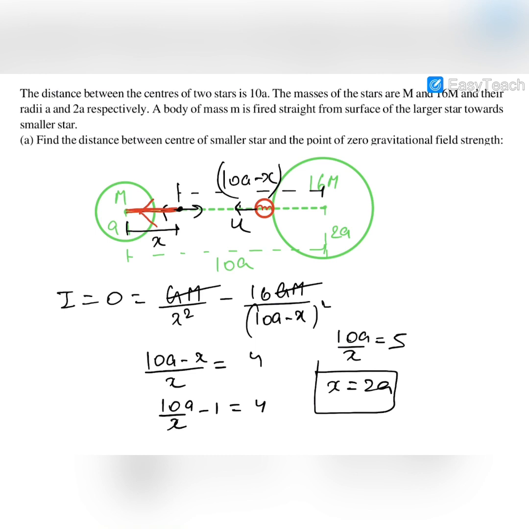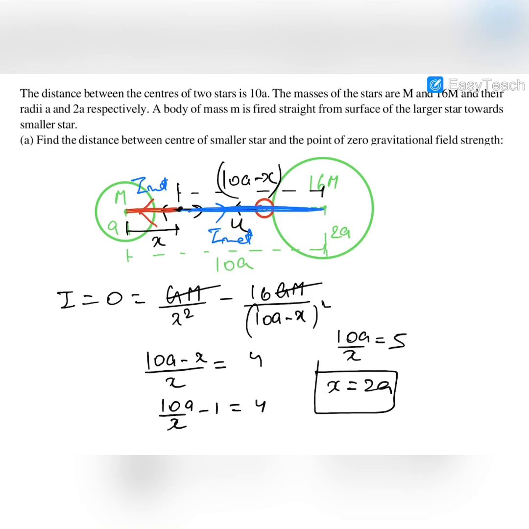And in this complete region, the gravitational field of this bigger star will dominate, and therefore the net gravitational field in this region would be in this direction. So we know that if we need to project this body in such a way that it just reaches the surface of the smaller star, we need to give this body a minimum velocity for that.